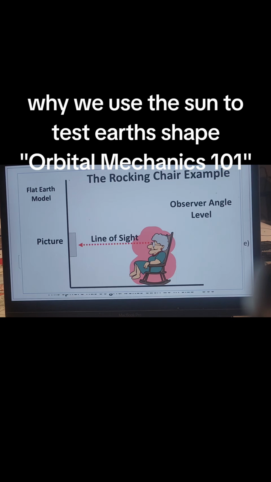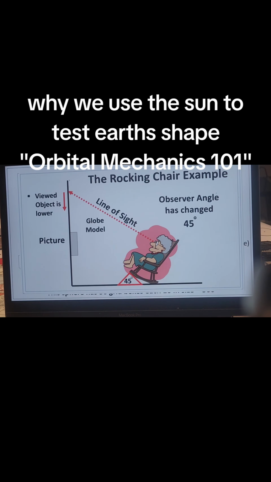It's kind of like Granny in the rocking chair. If we look at Granny here in the rocking chair, we see that Granny is on a flat, level surface. She is level with that picture, that line of sight, that vertical angle measurement. If we angle Granny at a 45 degree angle to that object, we can see that the picture drops.